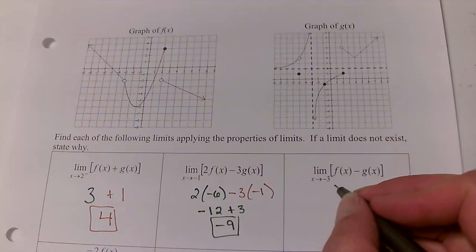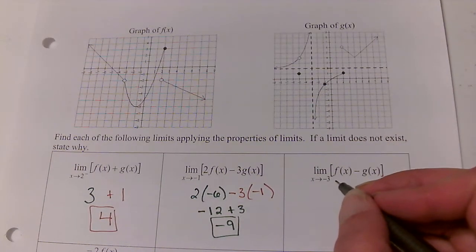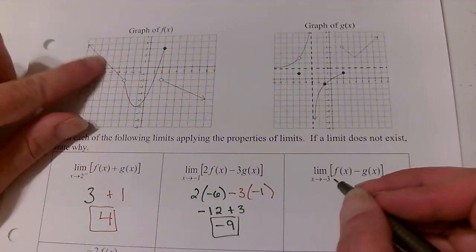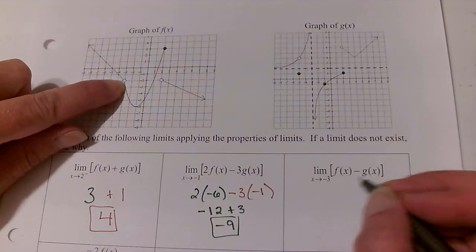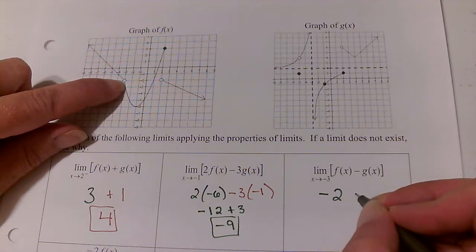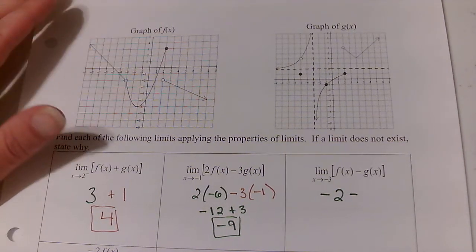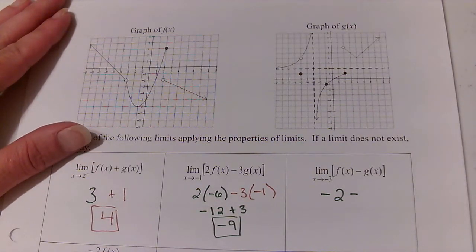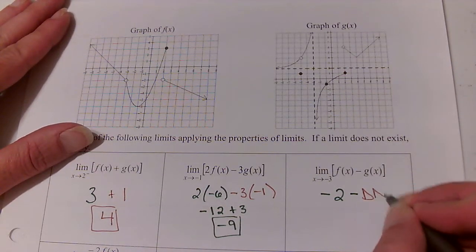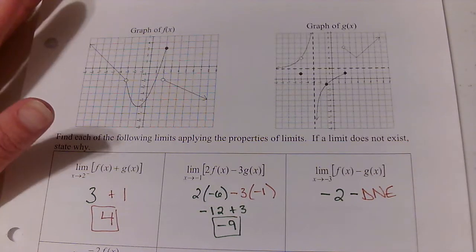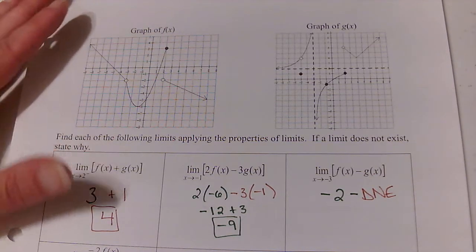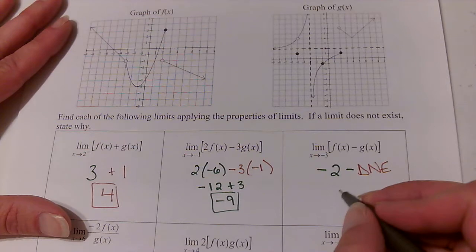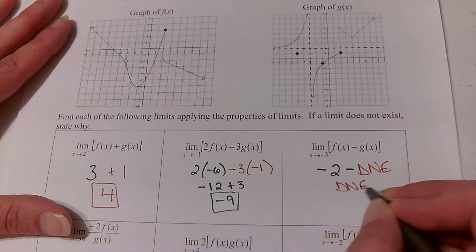As x approaches -3 of f of x, it is -2 minus, for g of x, does not exist. So the whole thing does not exist.